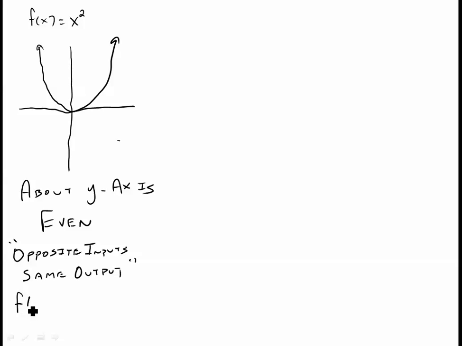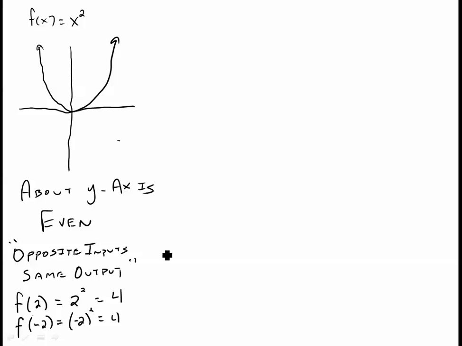For f of x, f of 2 is equal to 2 squared, which is 4. And if I use the opposite input, negative 2 squared is also 4. So opposite inputs, 2 and negative 2, give the same outputs, 4 and 4.